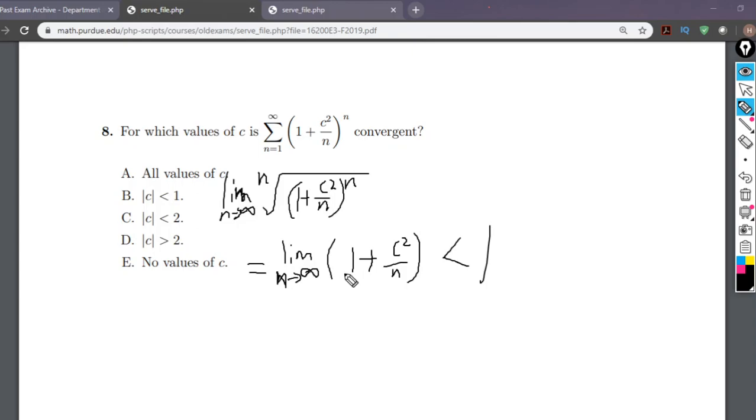It will be 1 plus the limit of this is less than 1. And then you minus 1 on both sides, so you have this limit should be less than 0.